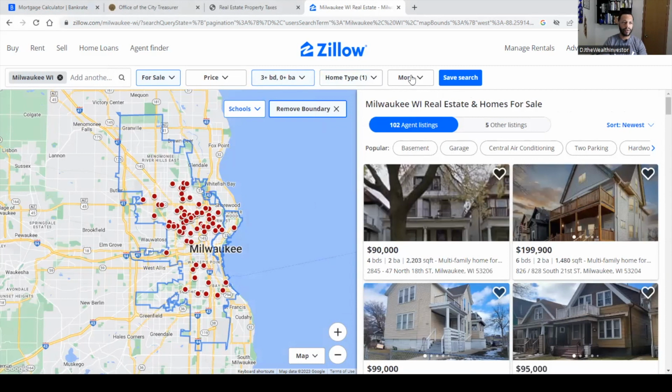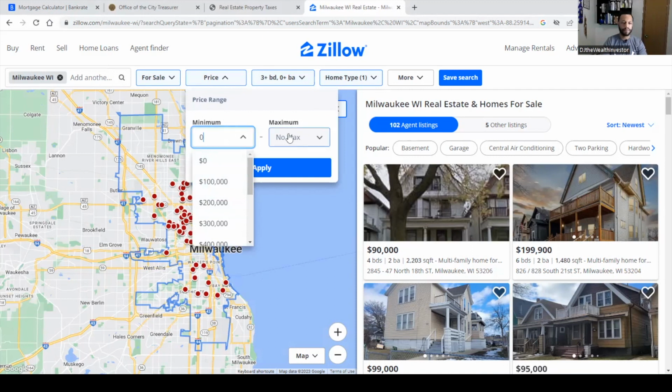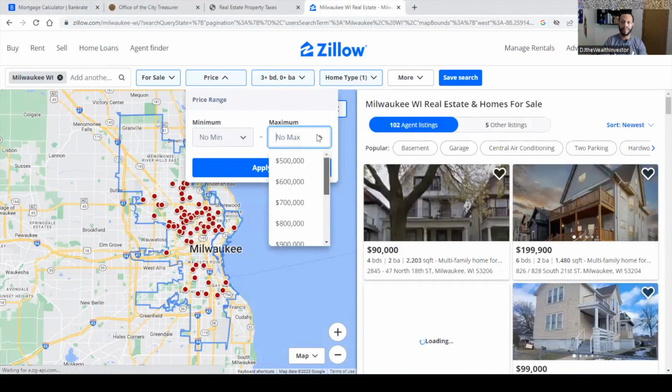And here, let's go to price actually. And let's type in 0 and max out at 100,000.